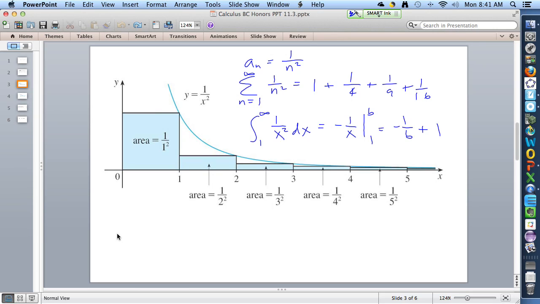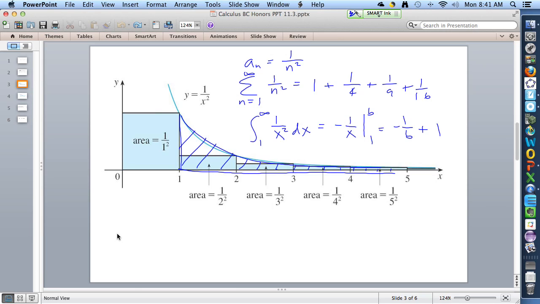For this particular example, I have demonstrated, or actually, you did, that the area from 1 to infinity, this shaded blue area, how much is that? 1.